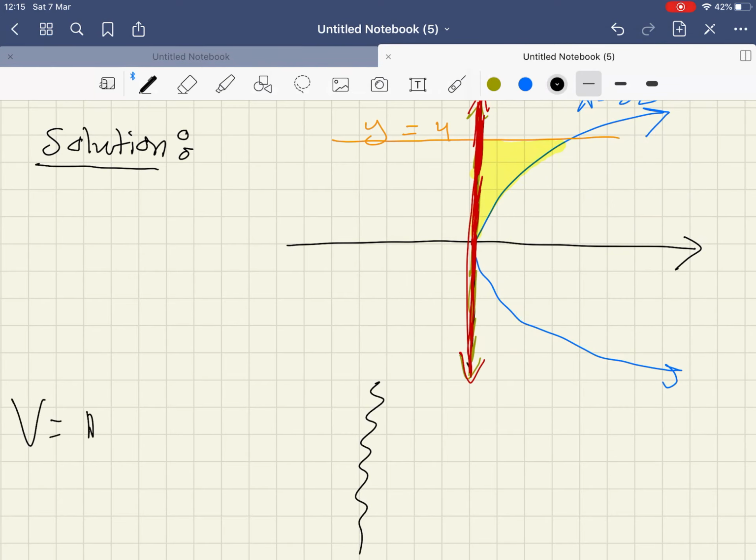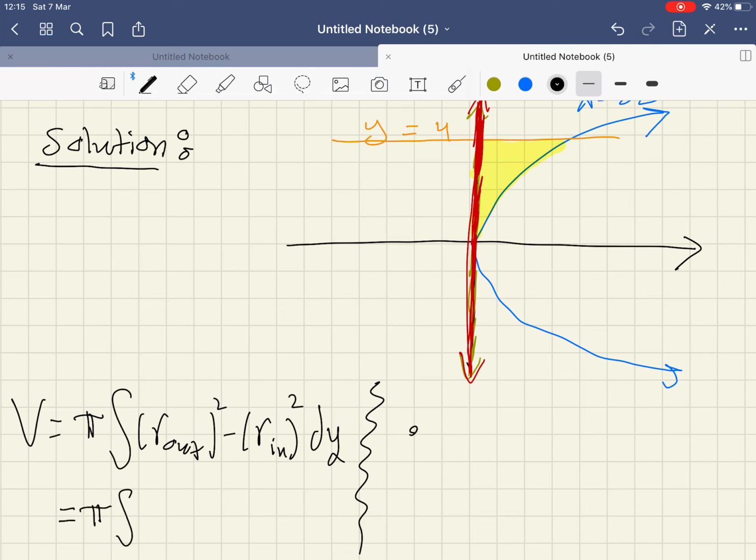So the volume will be the integral of R out squared minus R in squared dy. Why dy? Because the function is in terms of y. How do we find R out? For R out, we should take a line from the axis of revolution to the maximum we can go inside the region. So if we do it with colors, this will be this one.